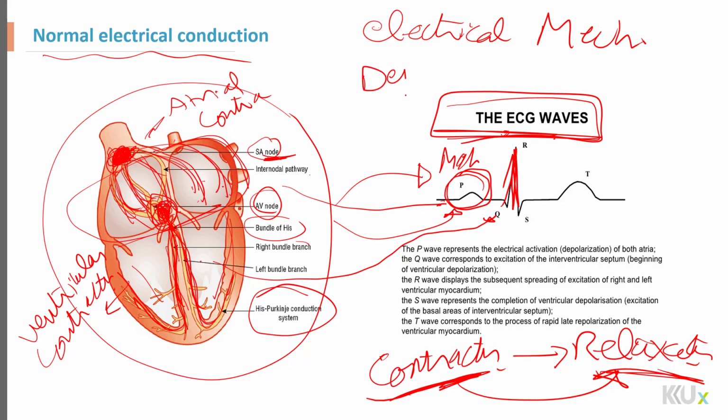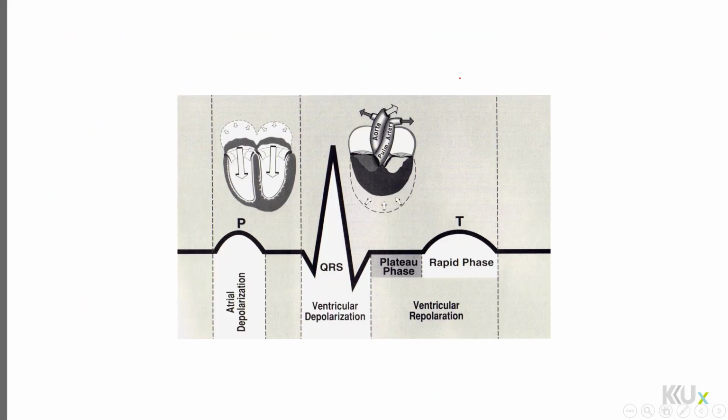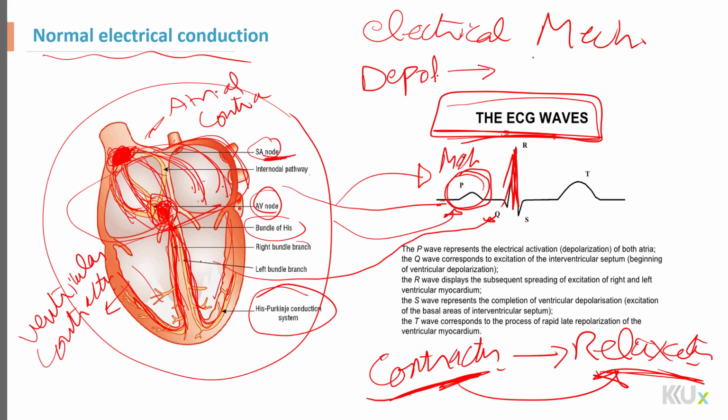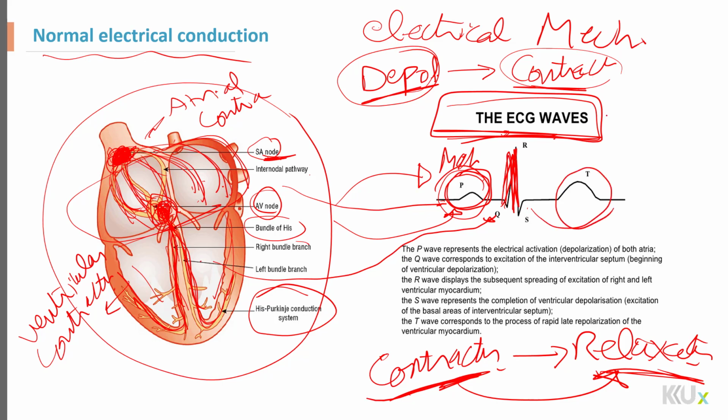Depolarization electrically is translated into contraction mechanically. So each depolarization is contraction, and each repolarization or hyperpolarization is relaxation, the opposite. And as we said before, each contraction should be followed by relaxation. So this is the ventricular contraction, and the next wave is actually a measurement of ventricular relaxation or repolarization.